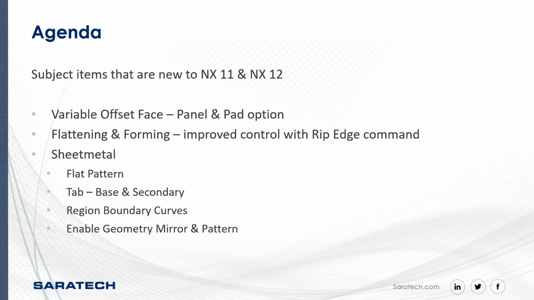We're going to go into the flattening and forming, showing the improved control with the rip edge command, going into the sheet metal, showing some flat pattern, some tab enhancements with the base or the secondary. And within that, we're going to be looking at the region boundary curves within the tab functions. And then we're going to get into the enable geometry mirror and pattern.